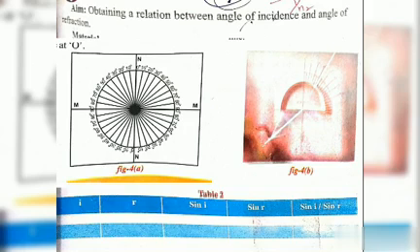Once you observe the picture, a white colored path line is there, no? So the white colored light path is there. We are sending the light from air. That light strikes at the point O and passes through the glass disc. Finally, it comes out of the semicircular glass disc.